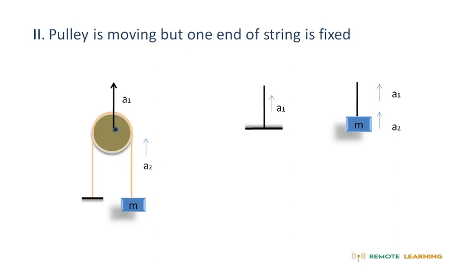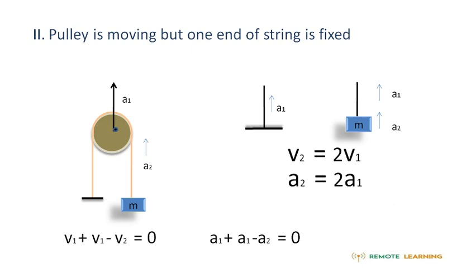Logically, for increasing we put a positive sign and for decreasing a negative sign. So the equation is a1 plus a1 minus a2 equal to 0, and finally we get a2 equal to 2a1. The same process can be done for velocity, and we easily get v2 equal to 2v1. This is the constraint equation for velocity.